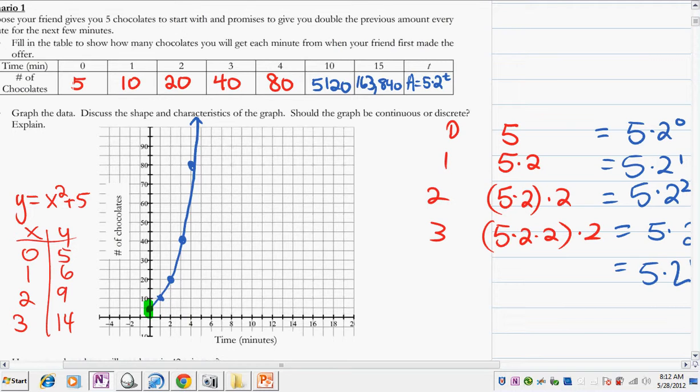I don't think the highlighter's going to do it, it's a little too thick, so let's do red. At 1, I'd be at 6. At 2, I'd be at 9. At 3, I'd be at 14.